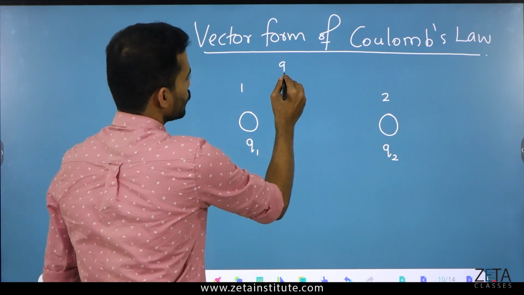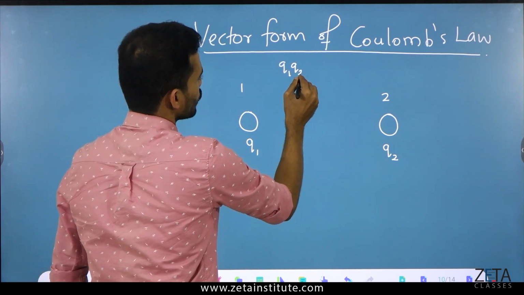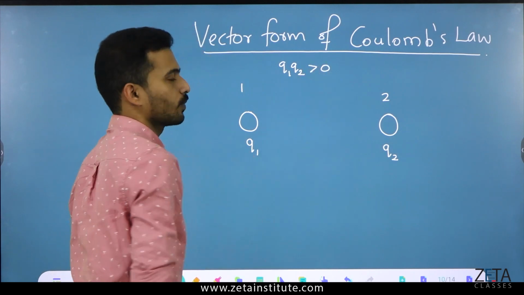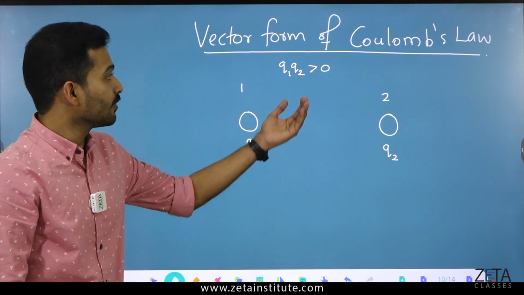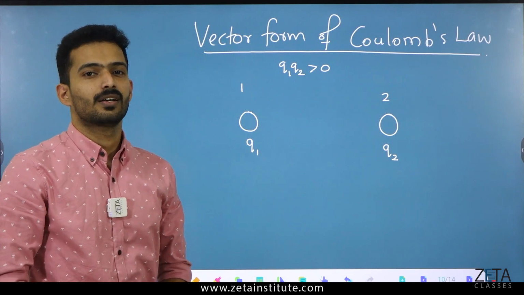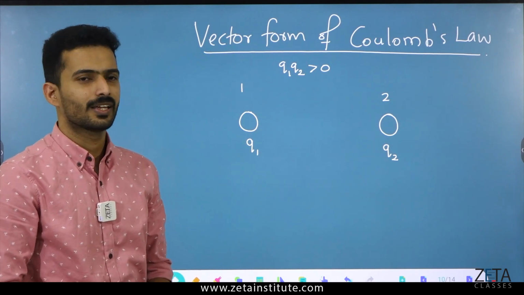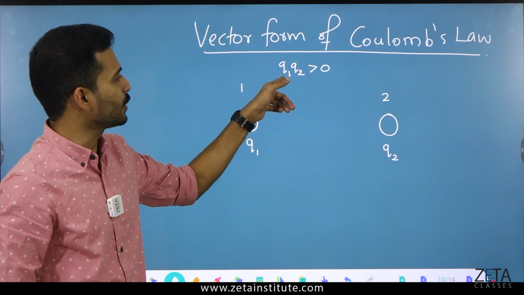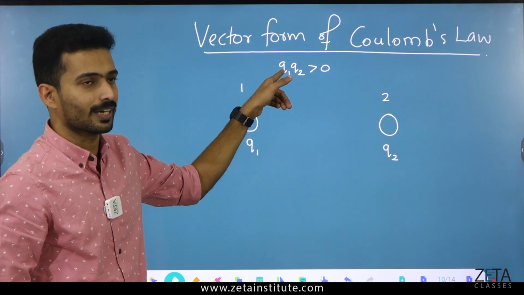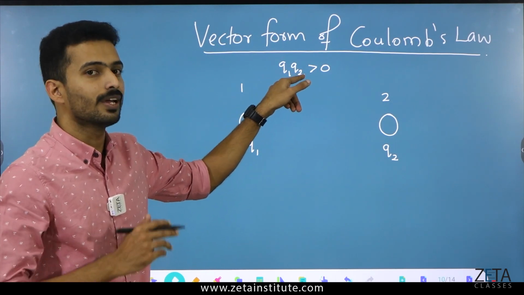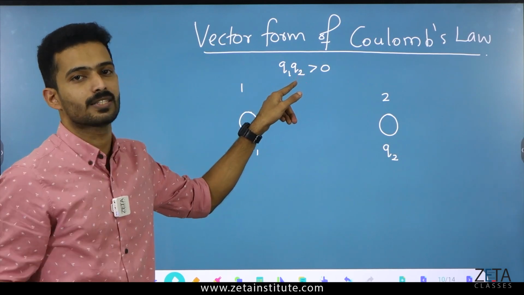When Q1 Q2 is greater than 0, the force is repulsive. Why? When Q1 is positive and Q2 is positive, they are like charges. Positive into positive is positive, that is greater than 0.